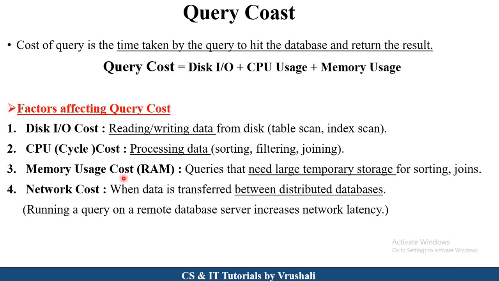Next one is the memory usage cost, how much temporary and secondary memory is required to execute a particular query. And the last one is the networking cost. As we discussed earlier, some databases are centralized or distributed. So how much time is required to transfer data between distributed databases? All these factors are required to calculate the query cost. In the market, there are different types of software available to calculate the query cost.